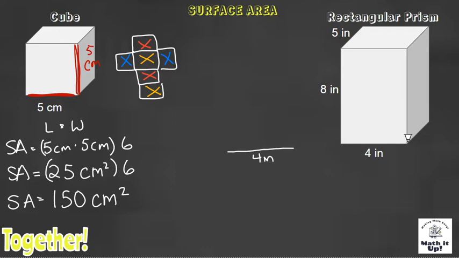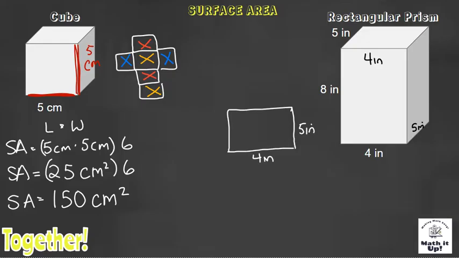And this length here is actually the same as this one, so that's 5 inches. Again, here's the bottom and the top. This 4 is also here, and this 5 here is also here.